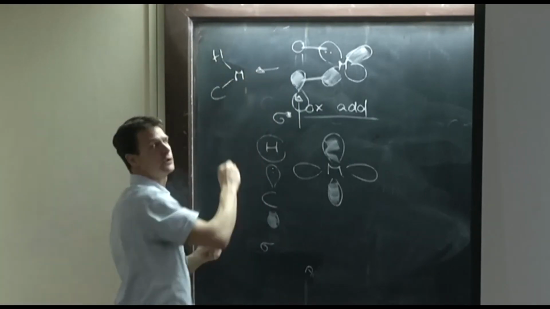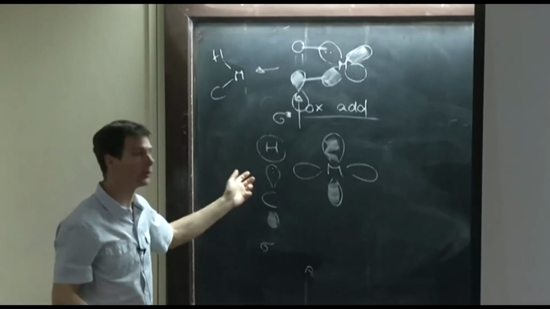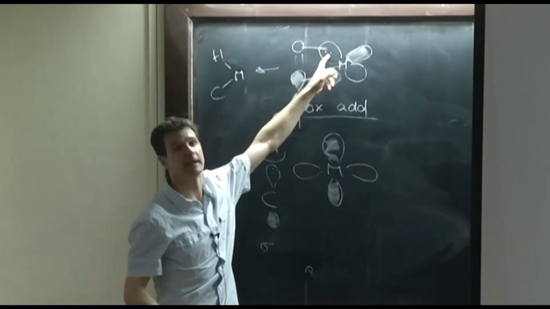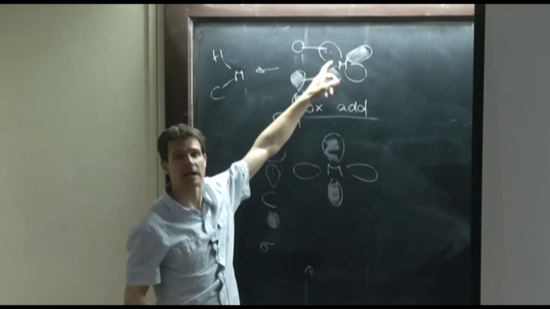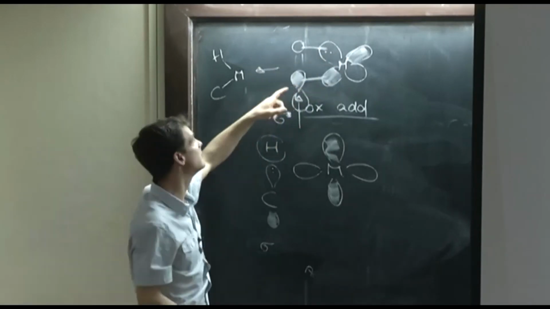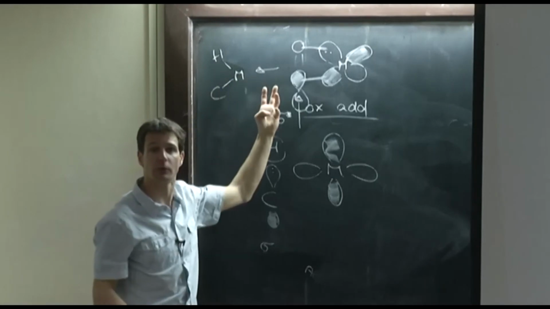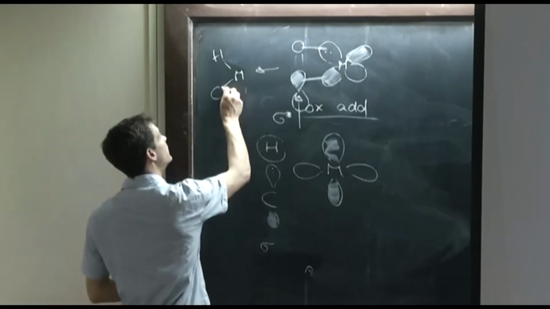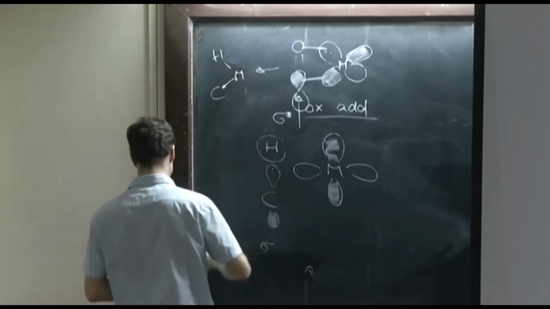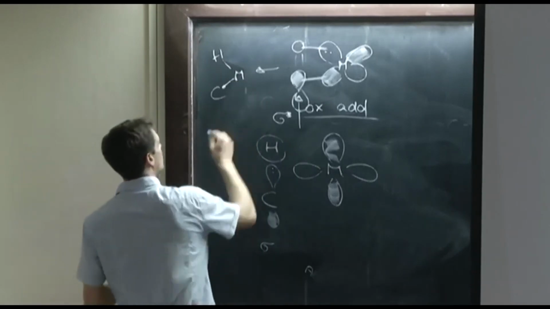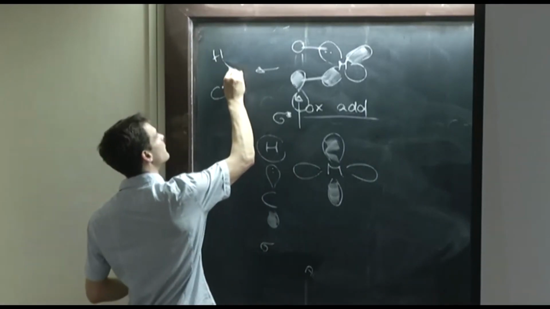If the charge transfer is complete, we get 2 new bonds. This is the oxidative part. We transfer the 2 electrons from the metal into the CH construct to form 2 new bonds.